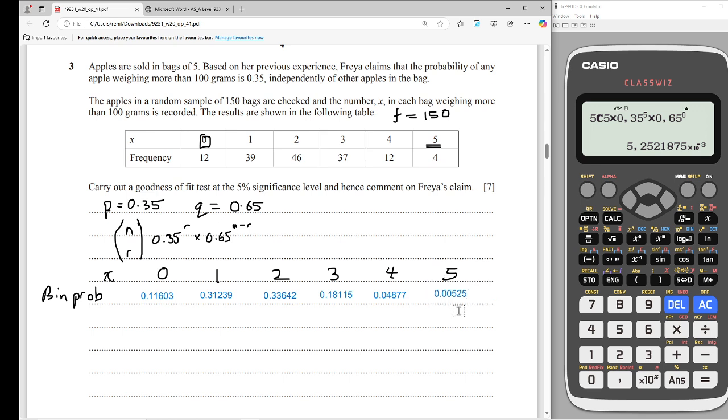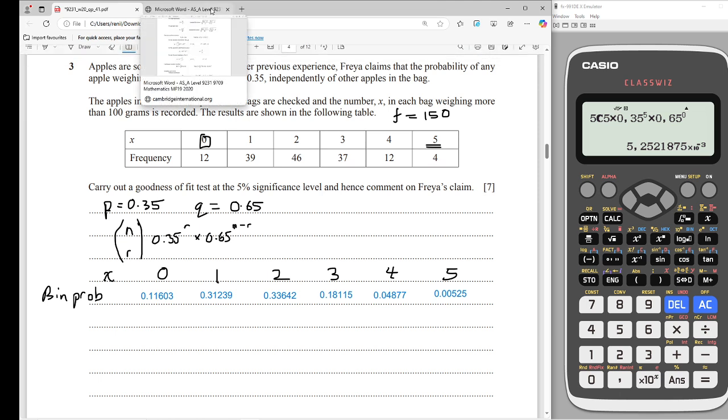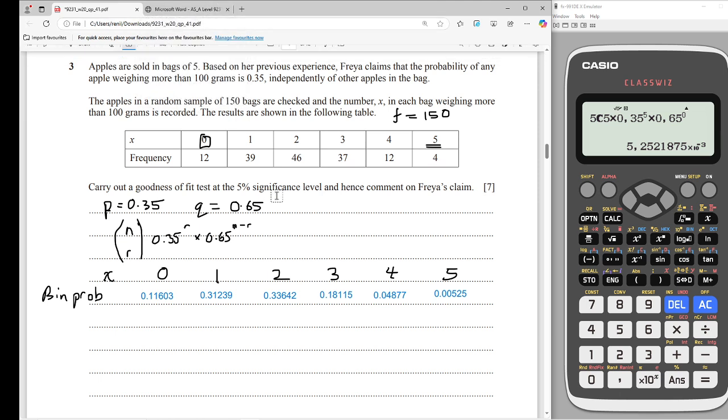Okay, now what we need to do right here is observe and find out our expected values. How do we do these expected values, you may ask? It's just multiplying our binomial probability with 150, which is our sample size here.